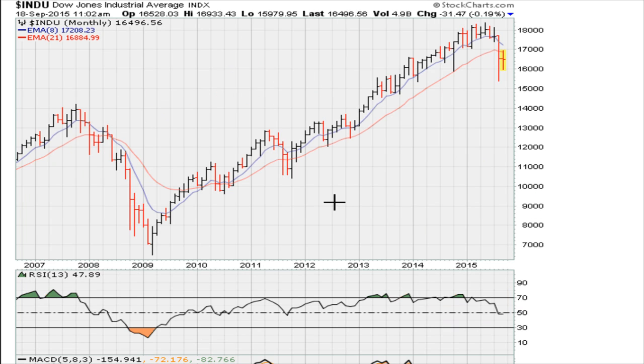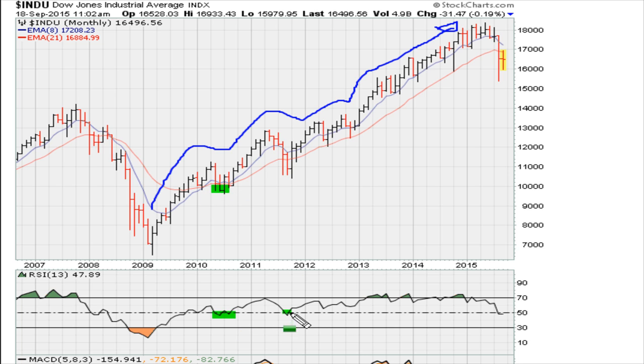Now if we switch and go to the monthly chart for the Dow, just take a look at how over the last nice bull market, since 09 to 2015, throughout this phase, the monthly chart has offered support with double bottom support here for these lows.